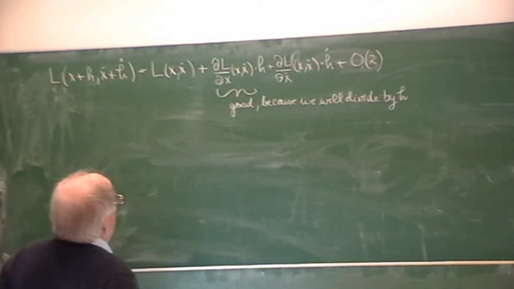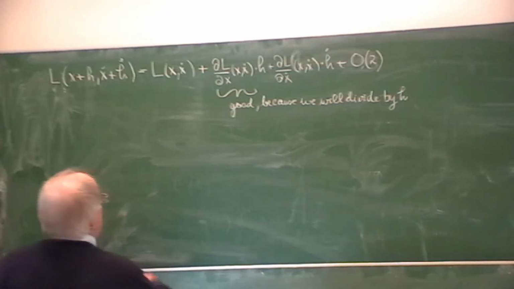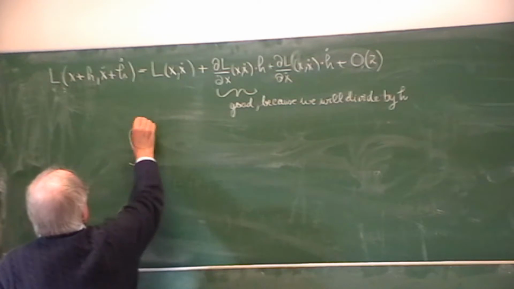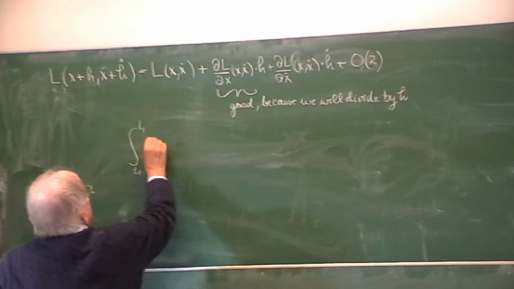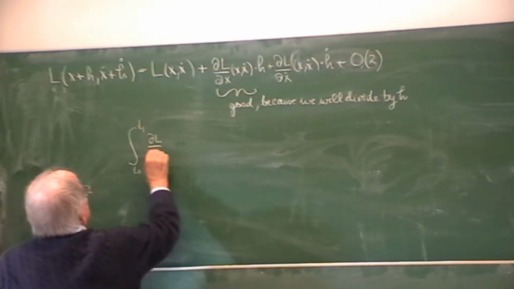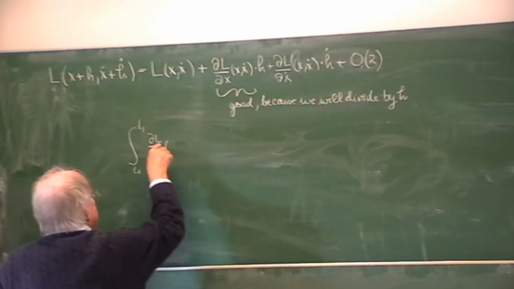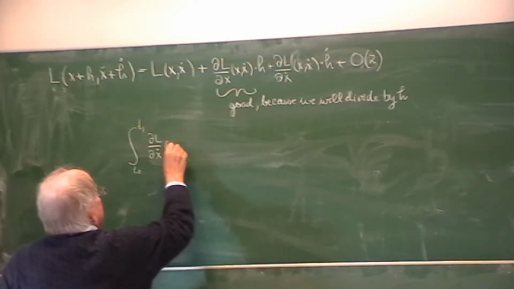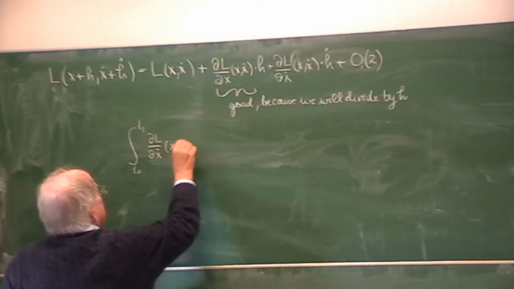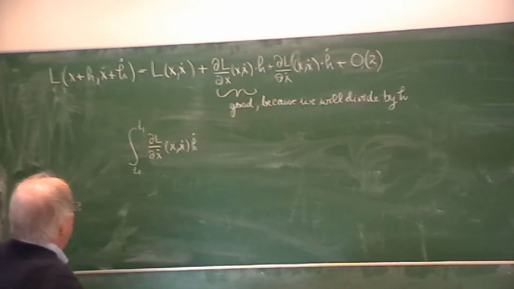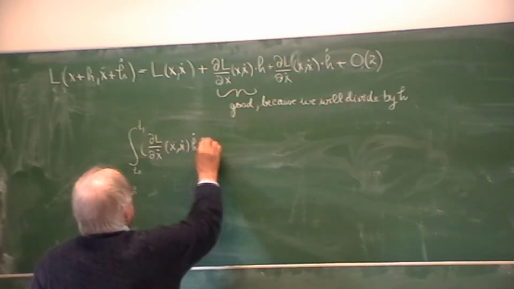Okay? And now, let's see here. What happens is the integral from t0 to t1 of dL/dx dot, that variable, not the derivative of the function, that variable, applied to h dot, appears in this integral dt.